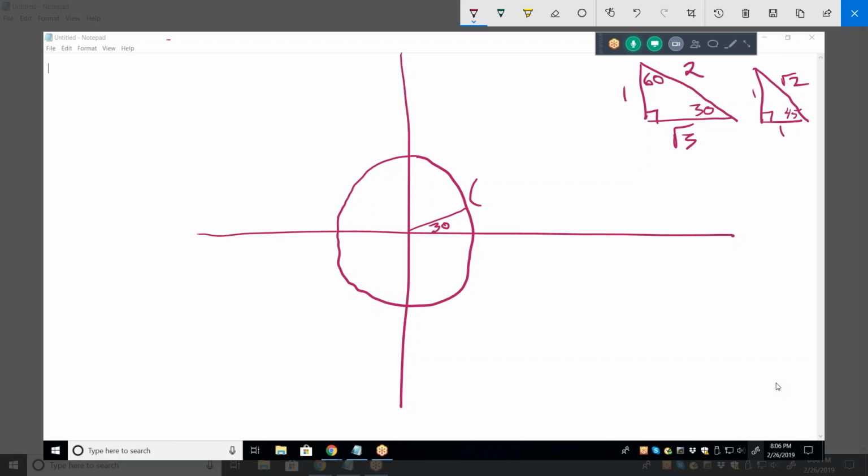When you see SOHCAHTOA, adjacent means the line that's adjacent to the angle that is not the hypotenuse. So there is only one side that is adjacent to 30 degrees. What is it? Root 3, over the hypotenuse, 2. That's the x-coordinate of this point. The y-coordinate is the sine of 30 degrees.